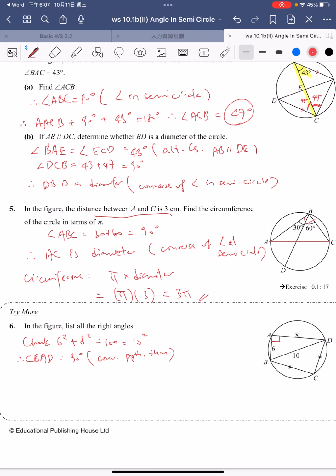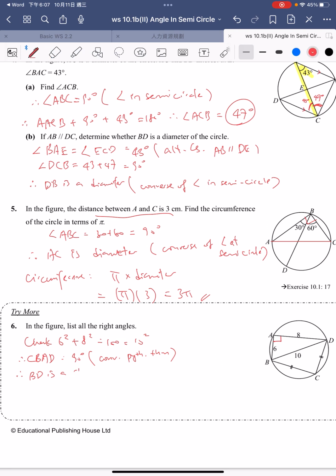And as now we have that is equal to 90 degrees, so that we have BD is, what's that called, the diameter. So now we have BC is the diameter, so the angle at the circumference we can just use the angle in the semicircle.